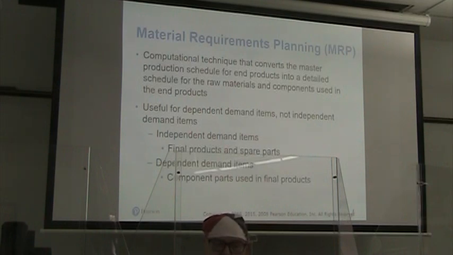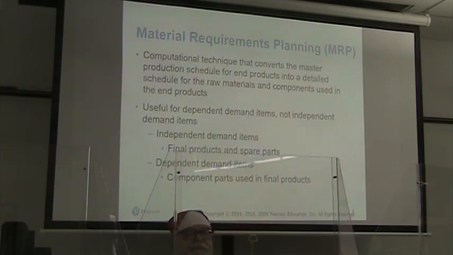Material requirements planning, or MRP, is a computational method that converts the master production schedule for end products into a detailed schedule for the raw materials and components used in the end products. So this is something that we use for our dependent demand items, not independent demand items.